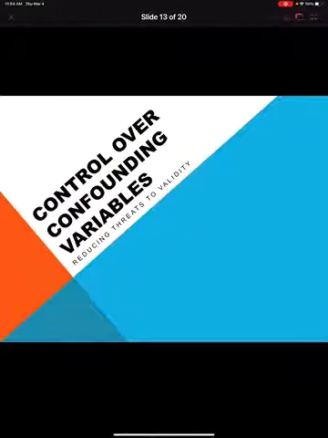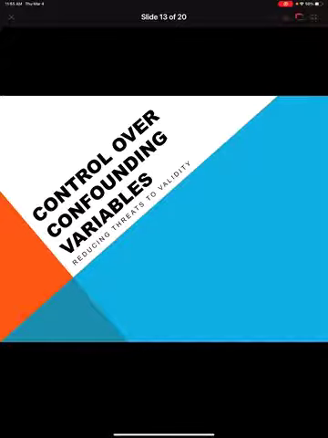Okay, so let's finish this bad boy up. So far in this lecture, I've reminded you that what we've been talking about, these threats to internal validity, only apply to experimental designs, which makes sense.